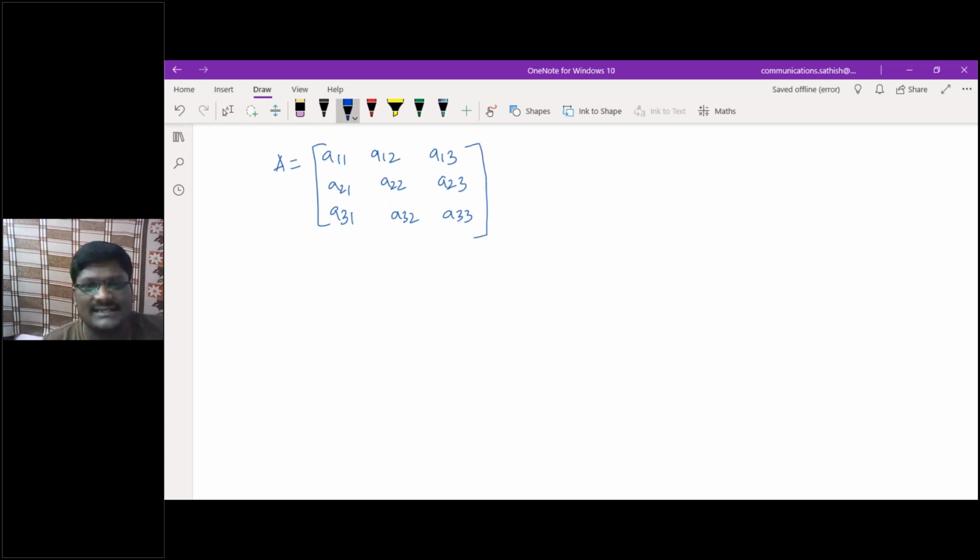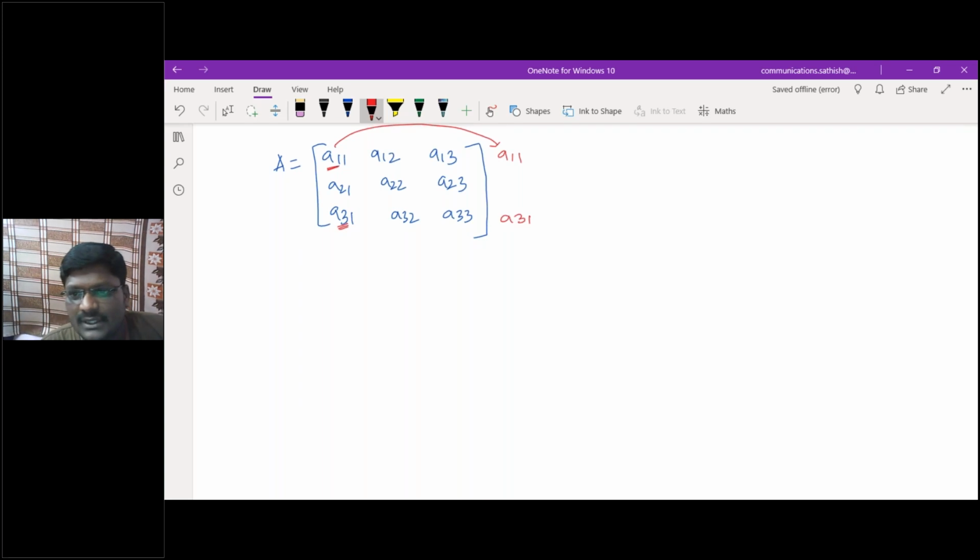So this is the third order matrix. Now what I'm telling is, just try to consider the first column, first element, and last element. Write this in opposite, which is A11 and A31.